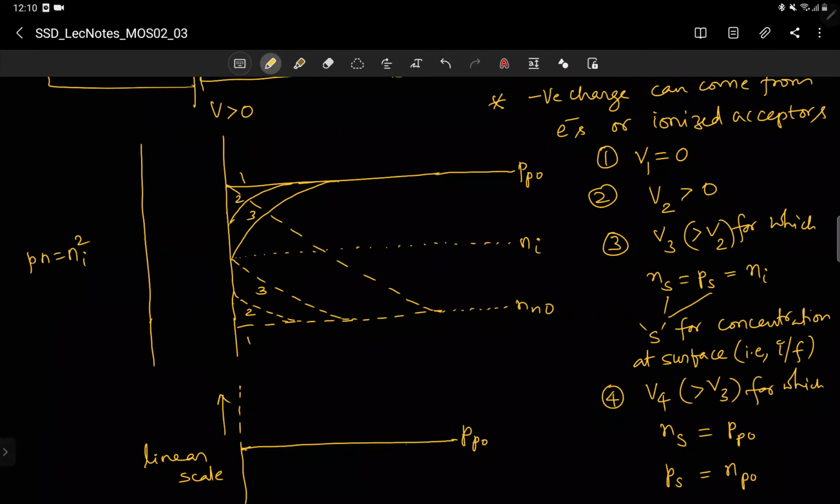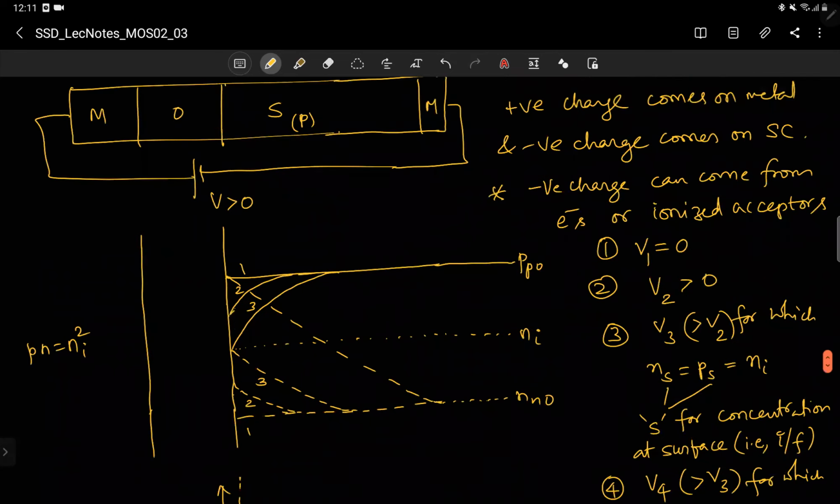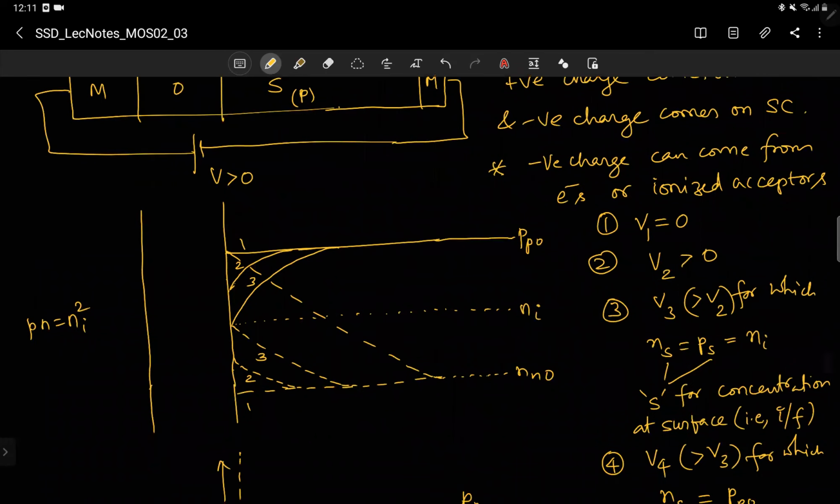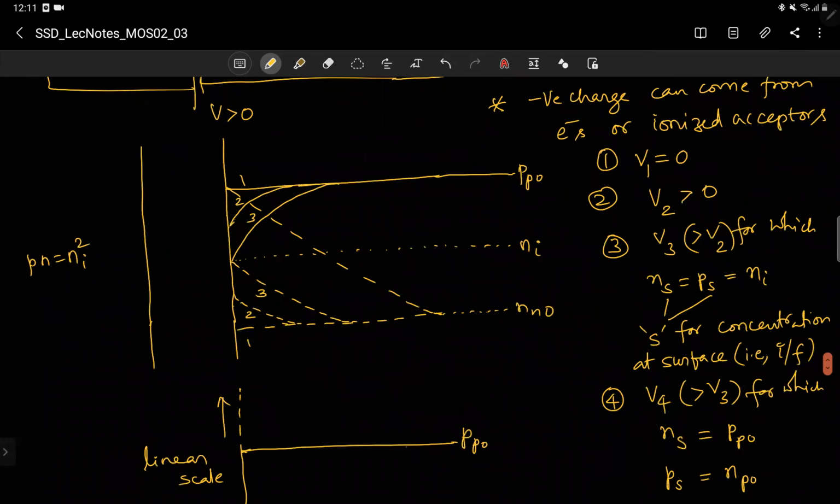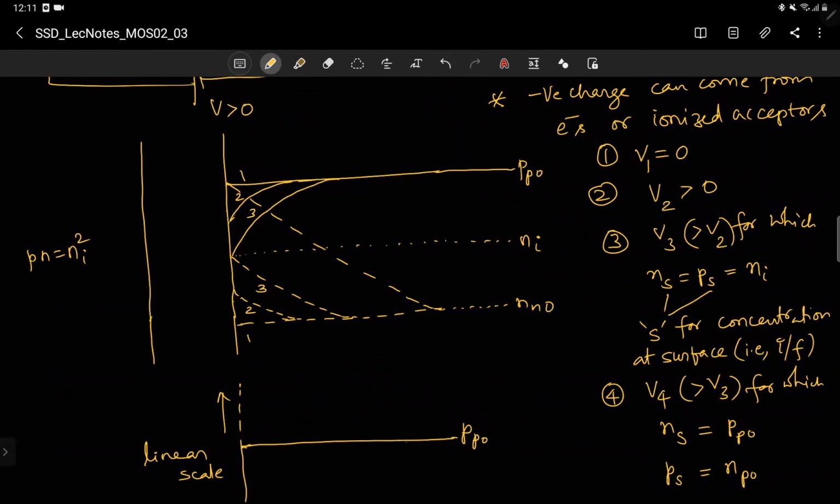Here, don't think I'm drawing Pp0 and all in the metal, okay? This diagram is independent of this, you can think of them as not related for the same X. Now the hole concentration should fall from here, and it should be this one. So something like this. So this is, say, 4.